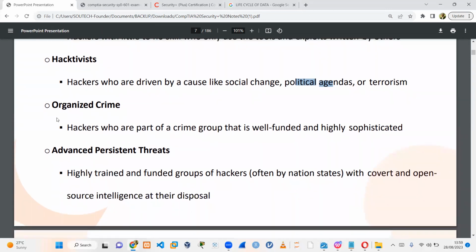Then, of course, you have organized crime, where at times they explore the concept of a botnet, where you have several persons trying to create a more sophisticated hack. At times, this can be done to cause business discontinuity. Things like upload bombing.